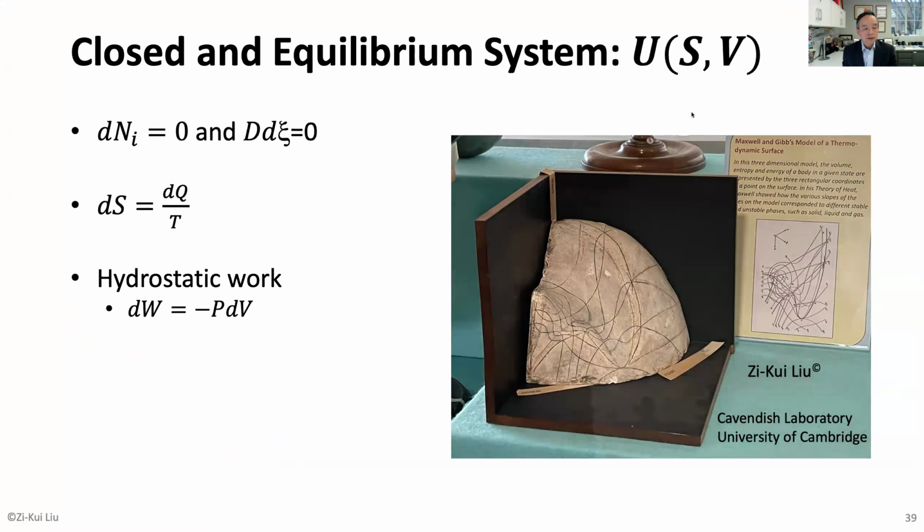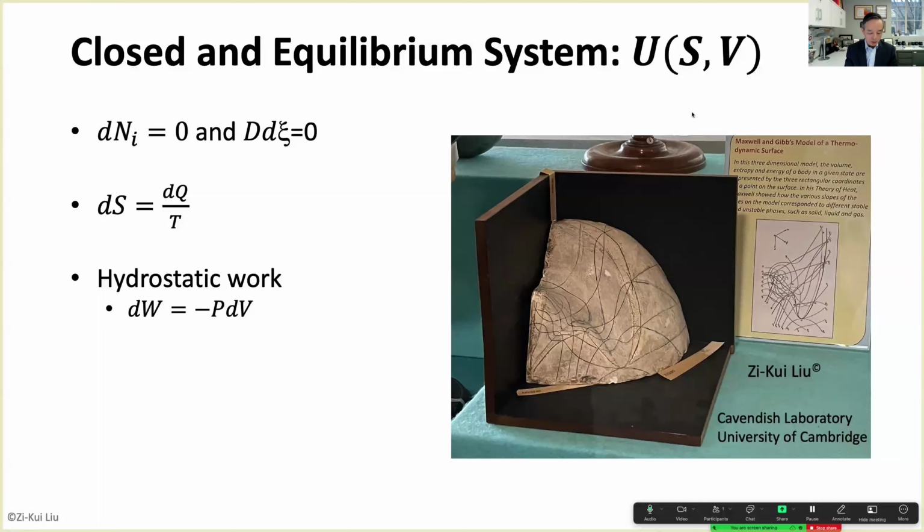Then for simplification, Gibbs only considered hydrostatic work. That means we have dW, only one term. There's no electrical, no magnetic, and no other types of work.